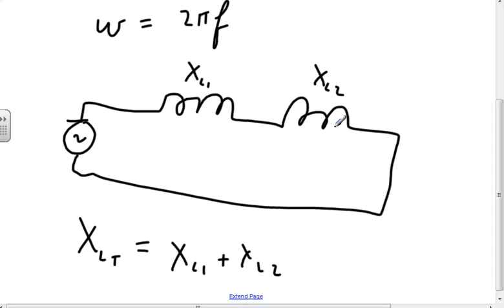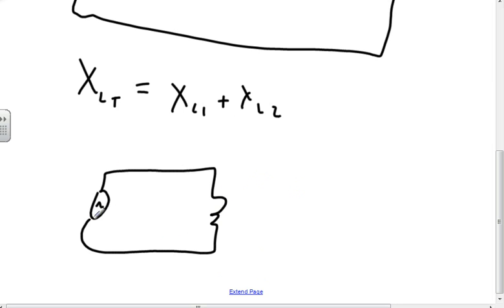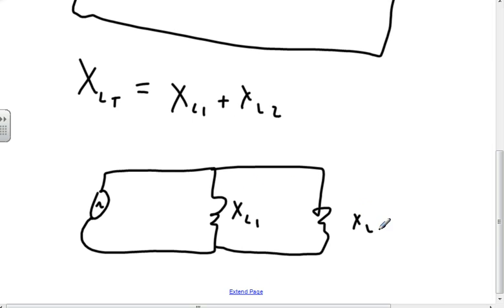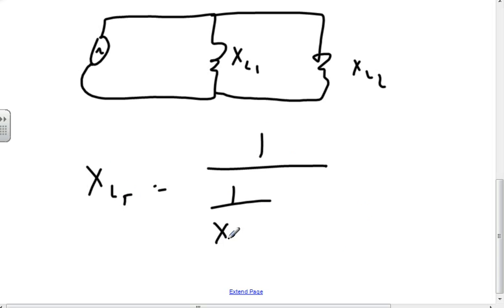This acts just like resistances do. It's in series, so it's going to add. If I have something in parallel, XL1, XL2, then my total is 1 over 1 over XL1 plus 1 over XL2.